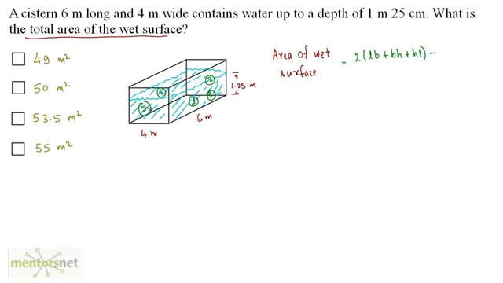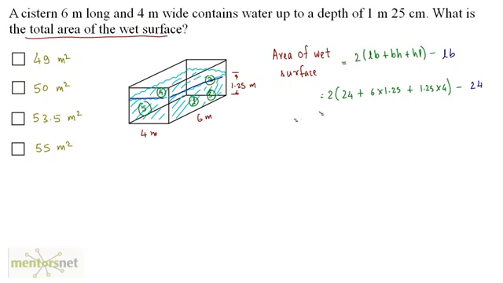Well, what is the area of the top surface? Well, that's L times B, right? So this is LB. Let's put in the values now. This is equal to 2 times (L times B, length into breadth, that's 6 times 4, that's 24, plus BH, that means 6 times 1.25, plus HL, so 1.25 times 4), minus LB again, that's 6 times 4, that's 24.